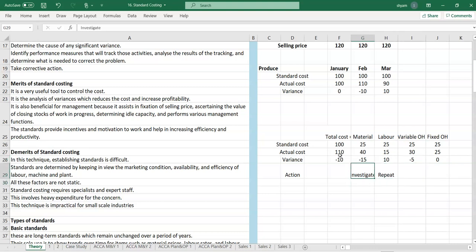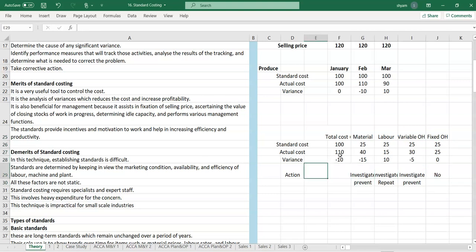Variable overheads, they have to investigate and prevent, so next month it should not occur. So it's all about investigation, whether it is preventing or repeating. In fixed overhead, there is no action needed because it is in line with what we expected.